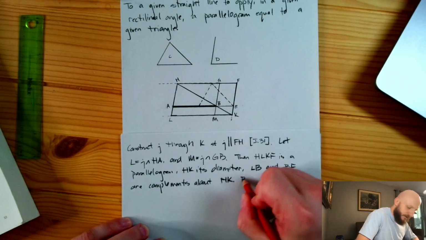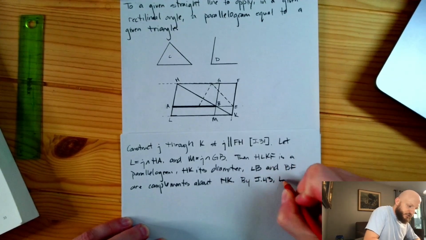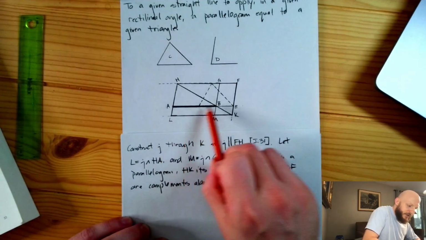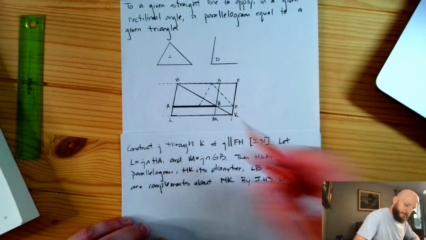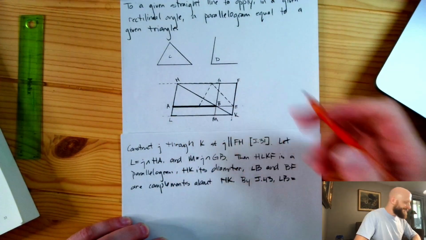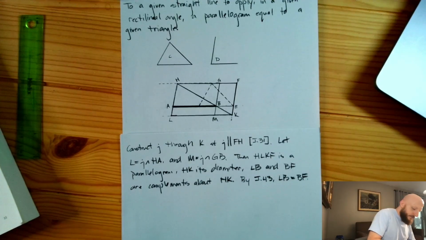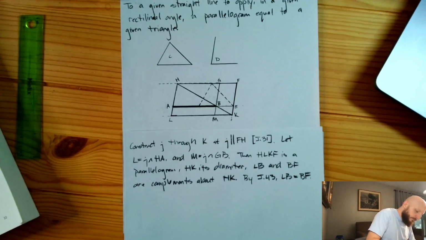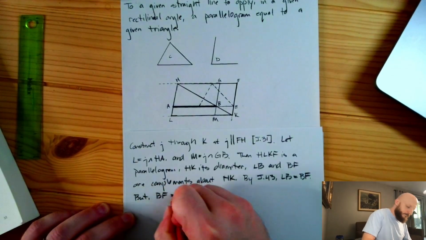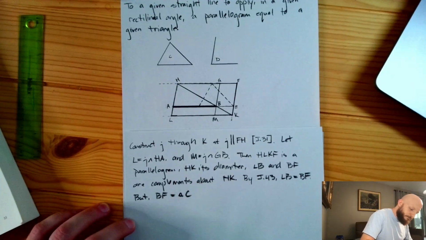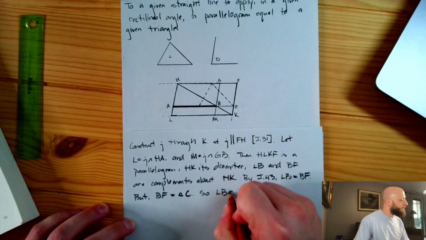So by Prop 43, LB, which is shorthand for ALMB, this bottom parallelogram, is equal to BF. But BF was constructed equal to triangle C. So LB has the same area as triangle C.